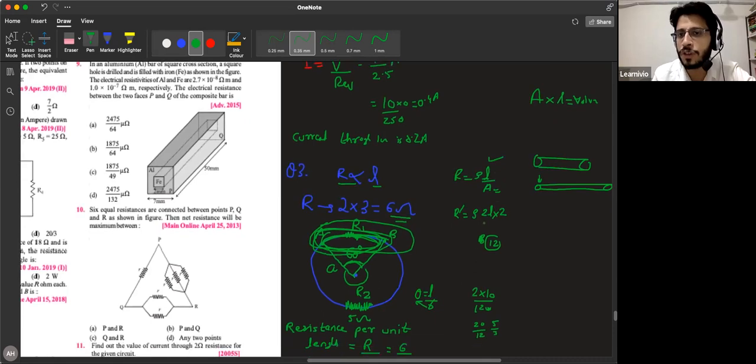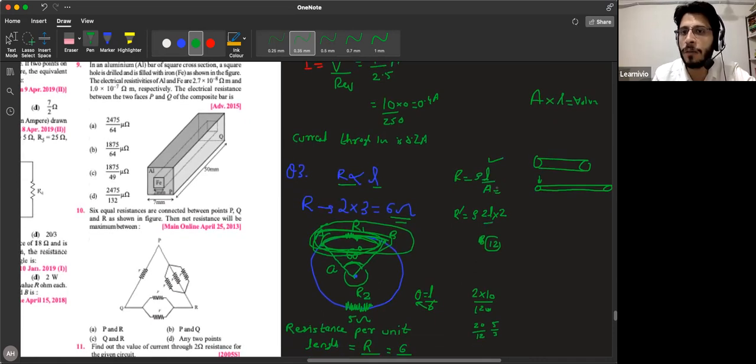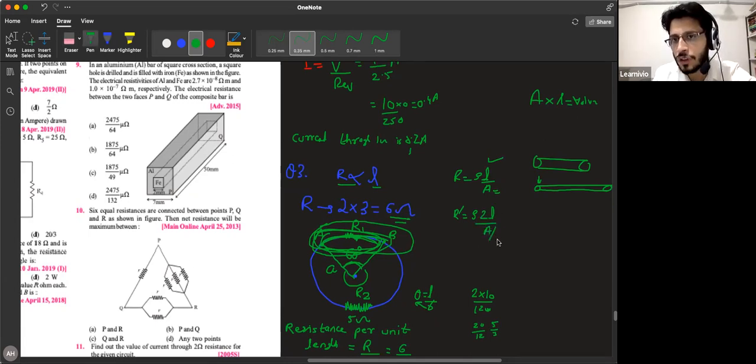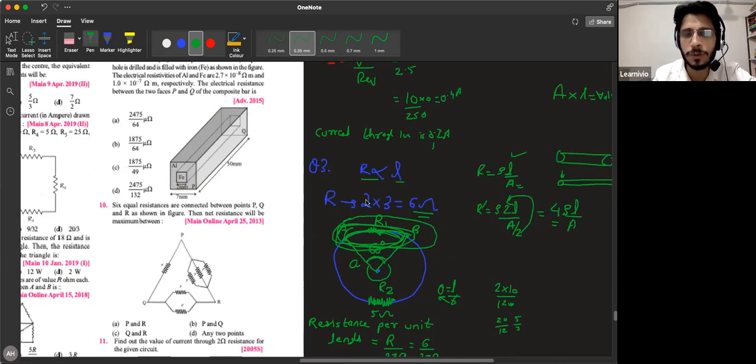So if length becomes double, then area will become half. So this 2 will come to the numerator and it will be 4 times rho L by A. Means your resistance will become 4 times, sorry, not 2 times. Is it clear why resistance is not 2 times, it's 4 times?